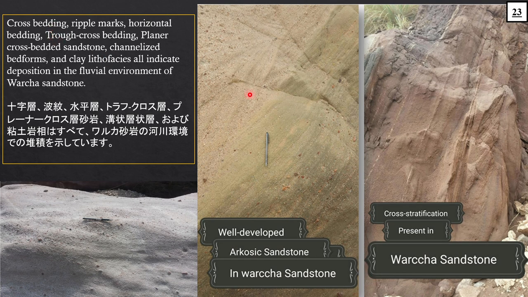In the Warchha Sandstone, due to the fluvial deposit, we have cross-bedding, ripple marks, horizontal and trough cross-bedding, planar cross-bedding, and channelized sandstone, all representative of the fluvial system. We also have pink microgranites in the Warchha Sandstone, which come from the Aravalli and Malani ranges of India.